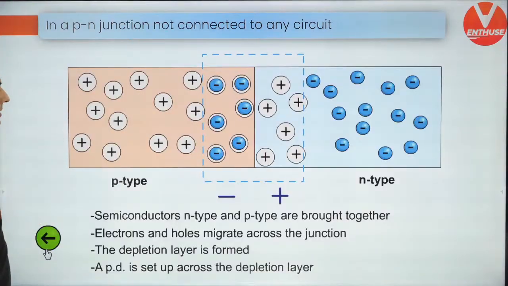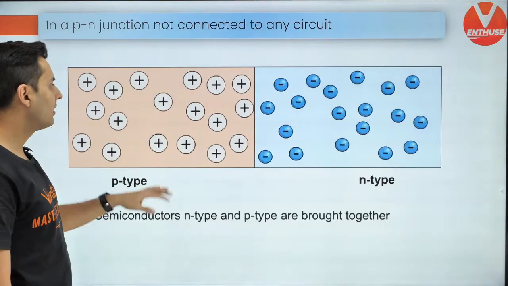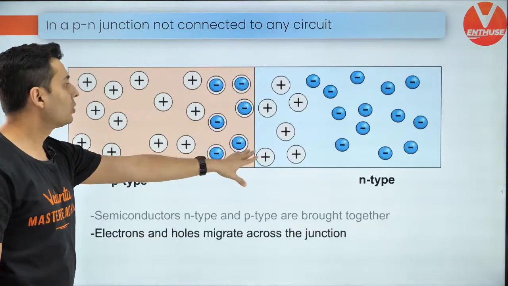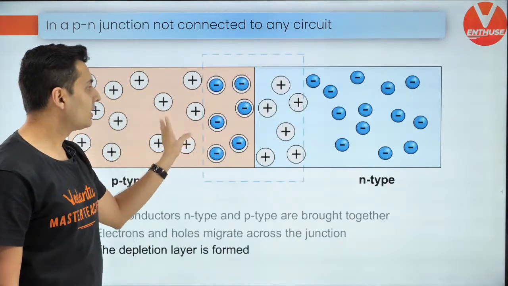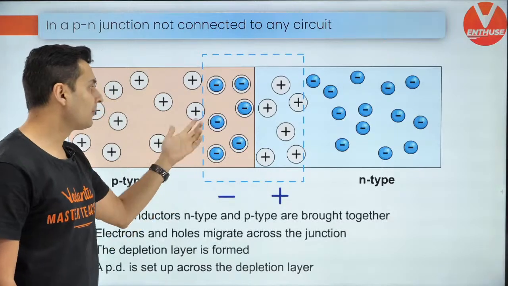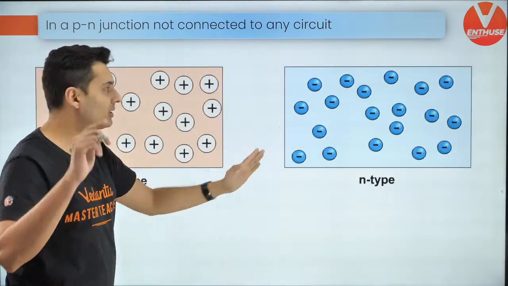So what happens in a PN junction is you have P type, you have N type material. P type has holes, N type has excess electrons. Those electrons, when merged with the P type, they get transferred. And once they get transferred, this part gets negatively charged, that part gets positively charged.